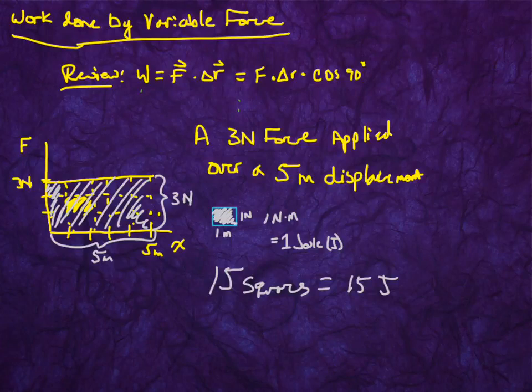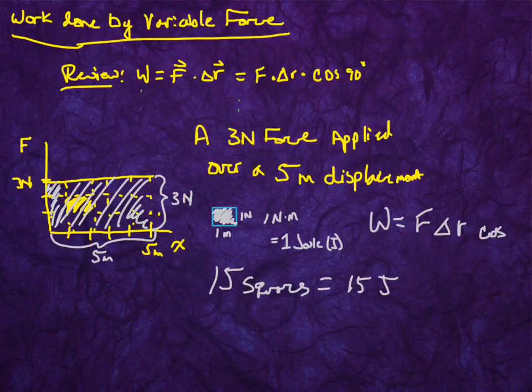Right now, the representation of this is cool, and we'd love to waste time by drawing graphs and it all looks pretty, but there's a much easier way of doing this. We have a force times a distance, and we've given this as work equals force times our displacement times cosine of the angle between them.